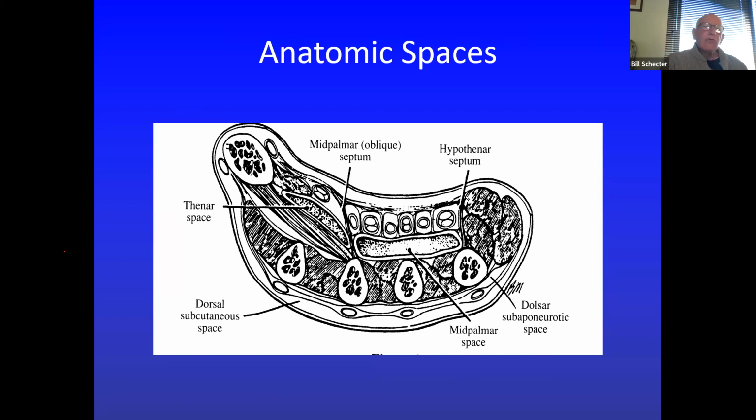All right. So now we are on to the subject of the anatomic spaces of the hand, and we have to thank our friend Kanavel for this too, because he was the guy who described these spaces in the hand where pus tends to accumulate.